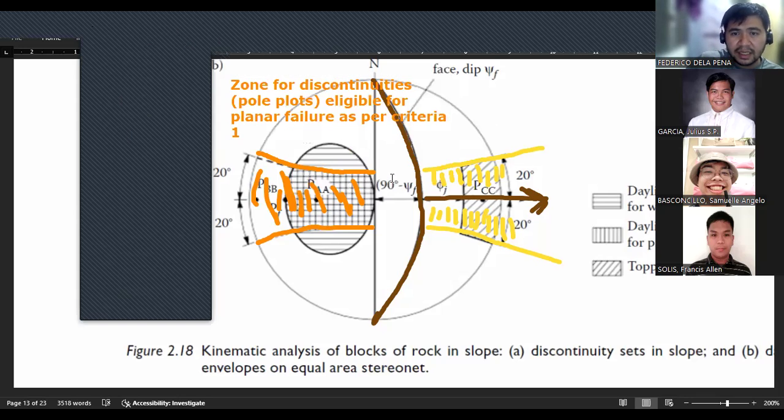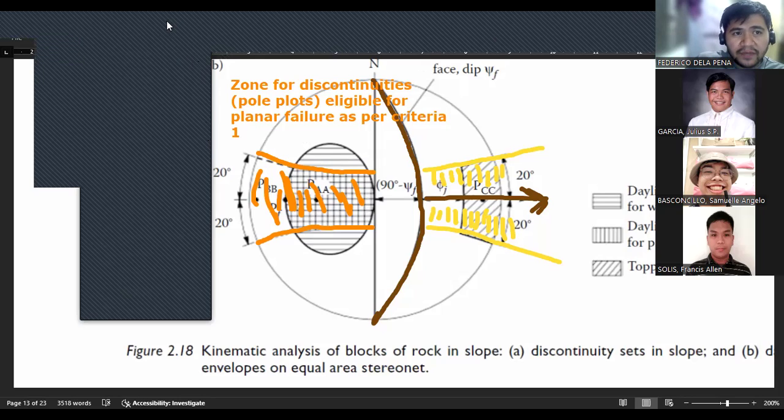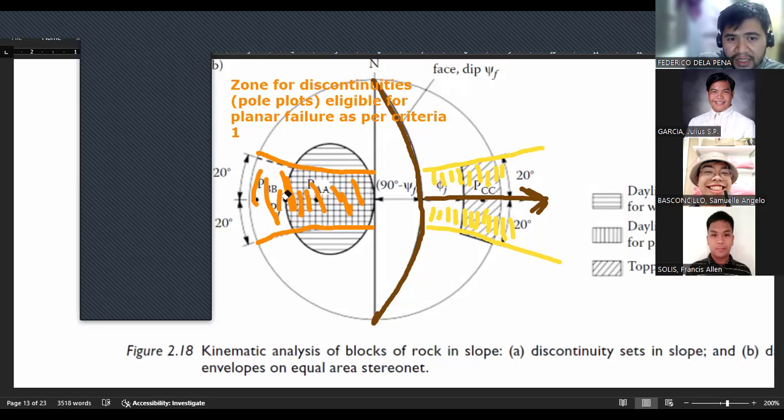Okay, so this is the zone. This is criteria one. So again, all the pole plots of discontinuities that fall within this zone are automatically eligible for planar failure as per criteria one.